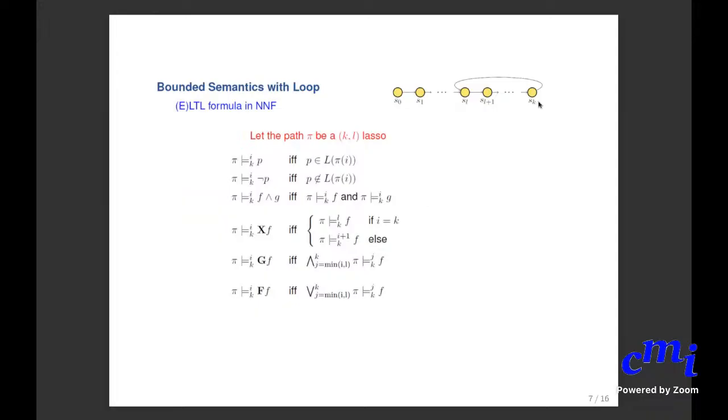But if I occurs in the tail part, between S naught and SK minus 1, then all you need to do is check if F is true of the next state, which you can get by checking for Si plus 1, the state that occurs at the I plus 1 index.